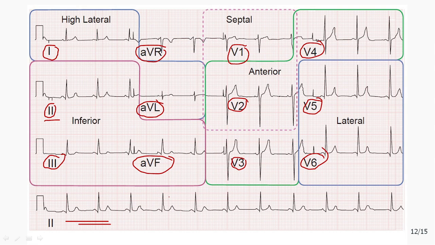So, this is your complete ECG curve representing the PQRST curve.